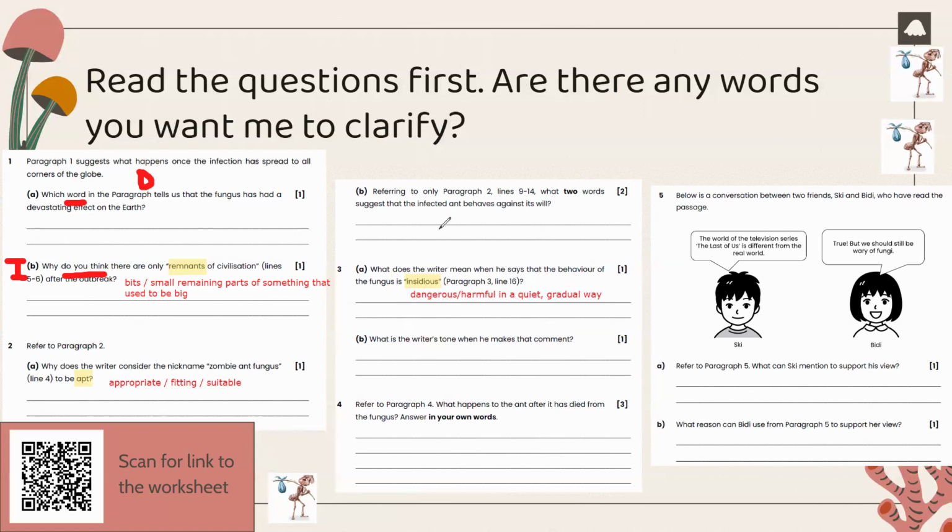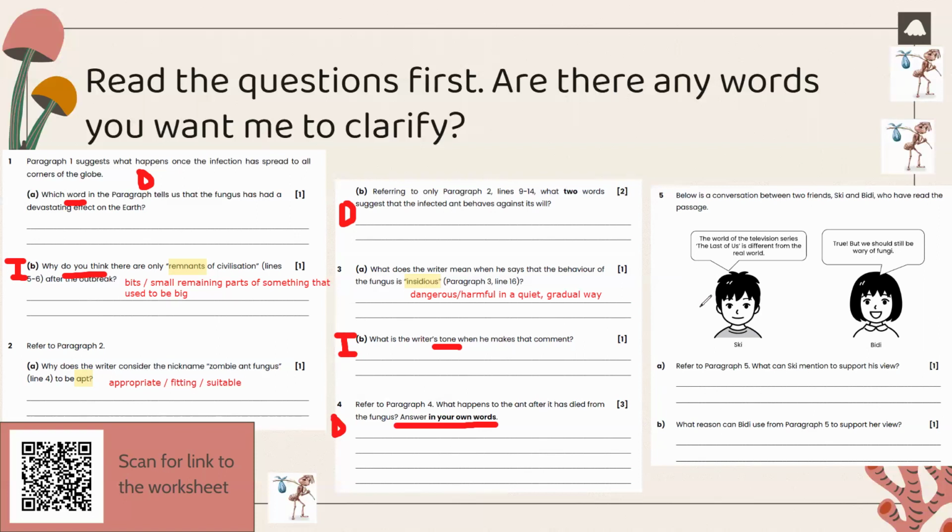Over here, two words, again direct. Question 3, what does the writer mean? We don't know, direct or inference, so we double check later. But question 3B, tone, is immediately inference. Now question 4: typically, when you see answer in own words, it is a good sign that it's a direct question, but double check against the paragraph to see whether it's really direct, or maybe you need to do some inferring.